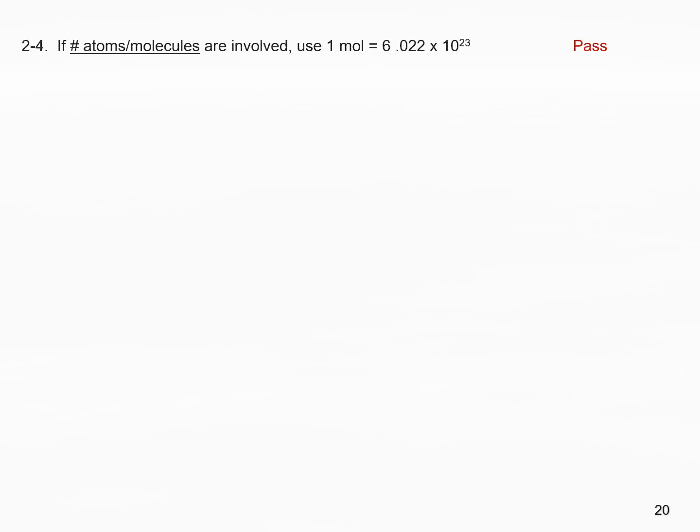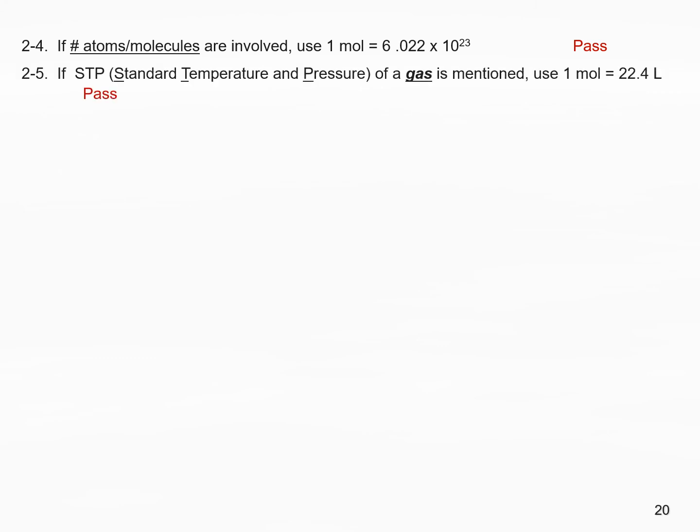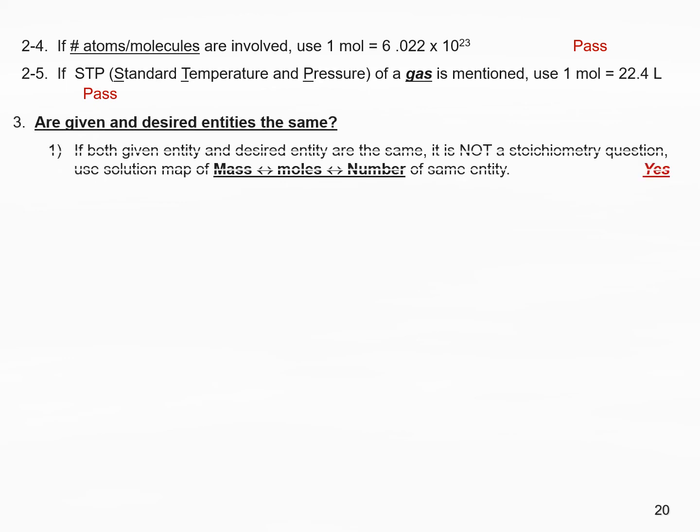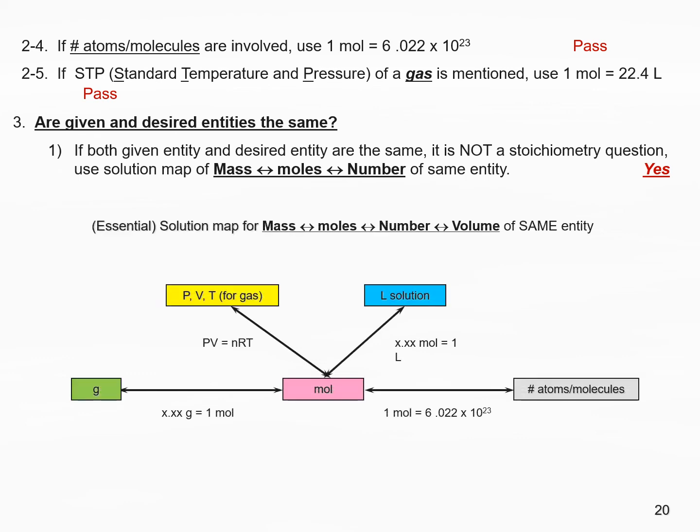As we move on, remember there's no number of atoms or molecules involved in the question. We pass that. Again, STP is something we talk about in gas, so we pass that. All right, so now the question: are we talking about the same entity? Yes, right? Because we need to get from grams to moles, the same entity. So it's a yes. We know the grams, and the question wants to get the moles.